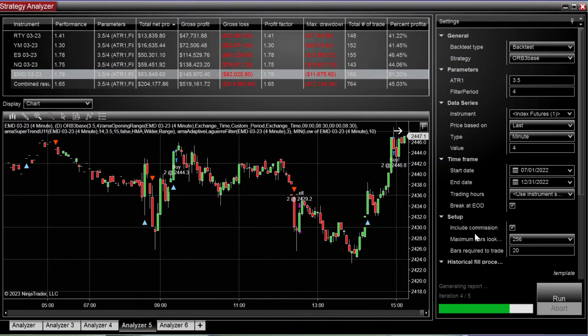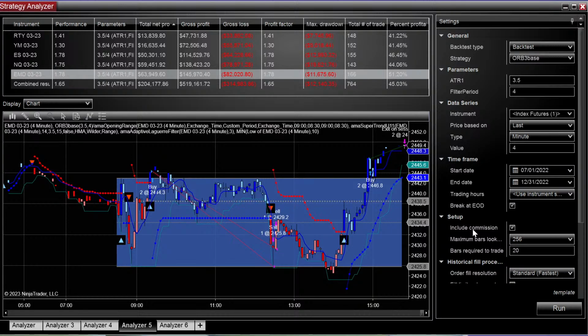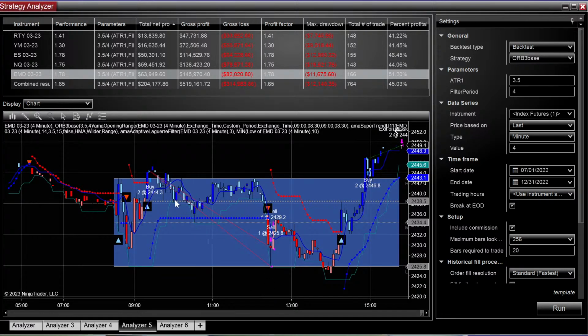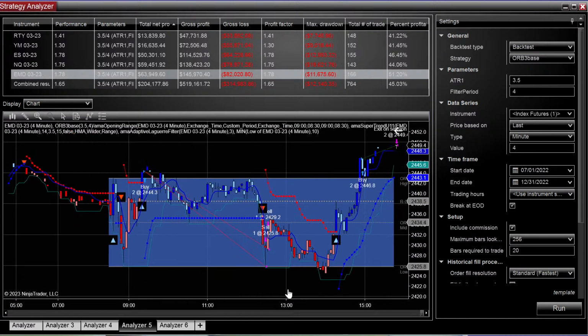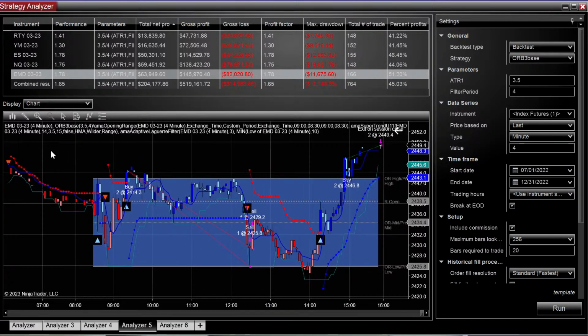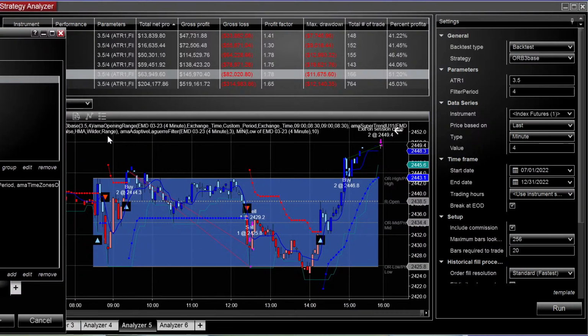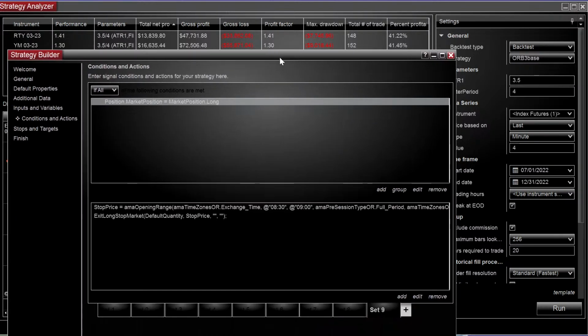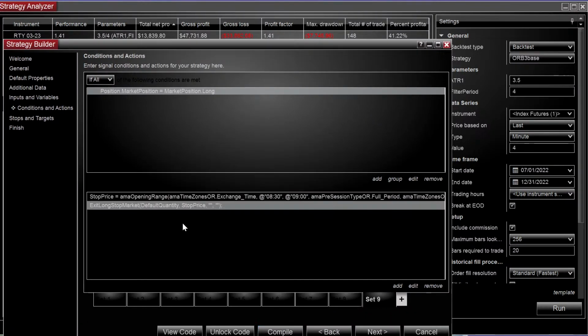Ideally, it would decrease. Oh, okay, something's wrong. So don't get too excited yet. We are only scaling out in this scenario because I forgot to set it to our current position size.